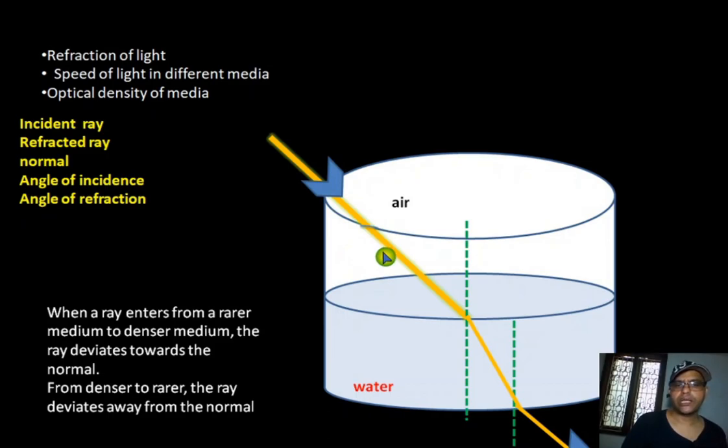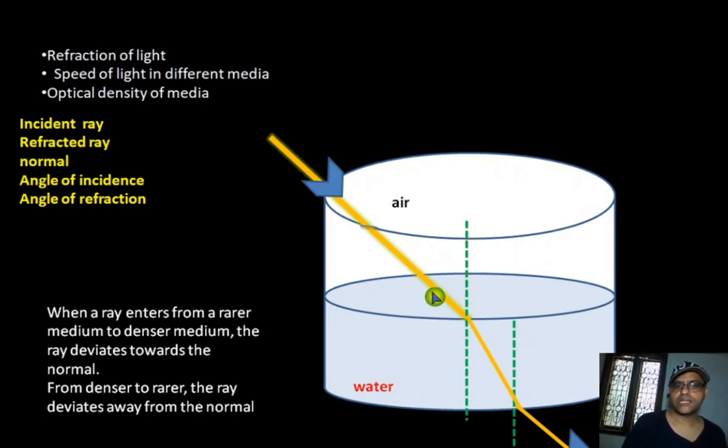Incident ray: the ray entering obliquely is called incident ray. So this is the incident ray over here. And refracted ray: the ray which is undergoing a deviation is called refracted ray. And normal: an imaginary line drawn perpendicular to the surface is called normal.